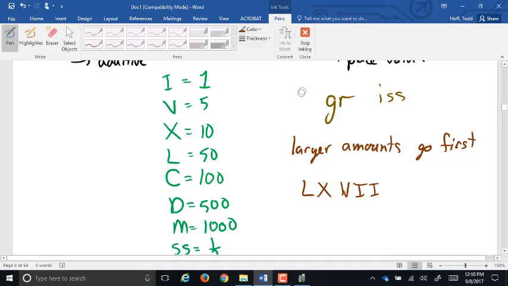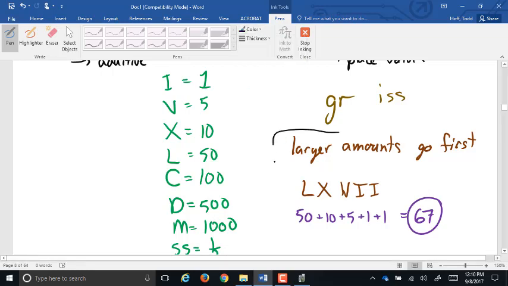What this is saying, L stands for 50. X stands for 10, V for 5, and 1 and 1 for the I's. That adds up to 67.